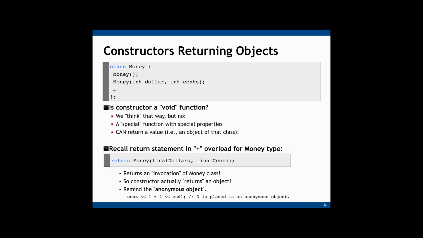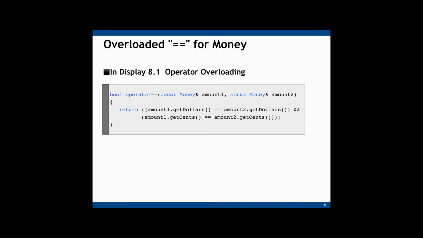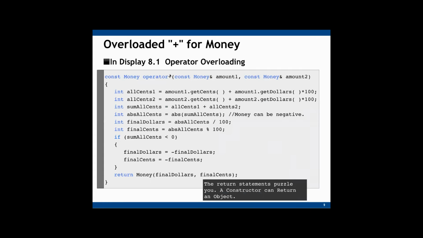Recall the return statement in the overloaded plus operator. If you go back to the previous slides and look at this overloaded plus operator, it returns an object of the money class type, and we are creating the new object by calling the constructor of the money class with two arguments.